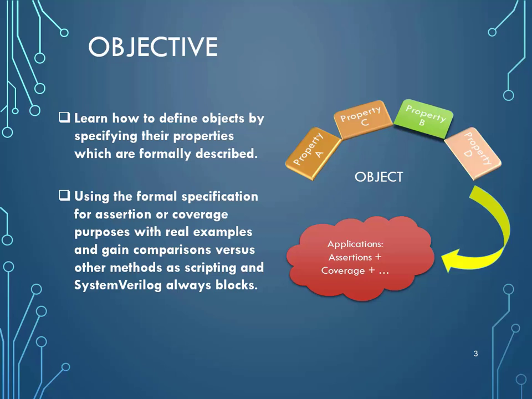And again, using the formal specification for assertions, we can use it for coverage. We can gain comparisons against other methods, for example, Perl scripting and normal block procedures, like the old way to do assertions.